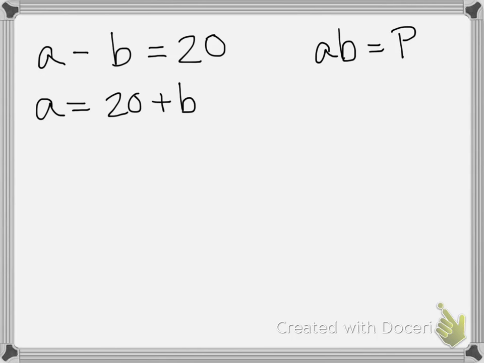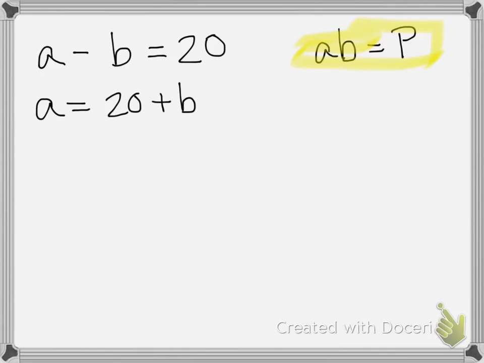Since we have two variables over here for our product, we want to get that down to as few variables as we can, so that taking the derivative is easier.